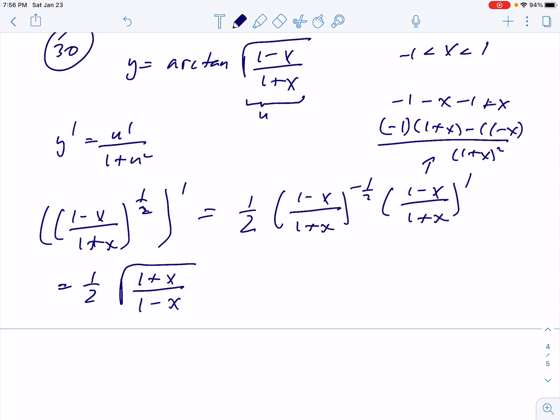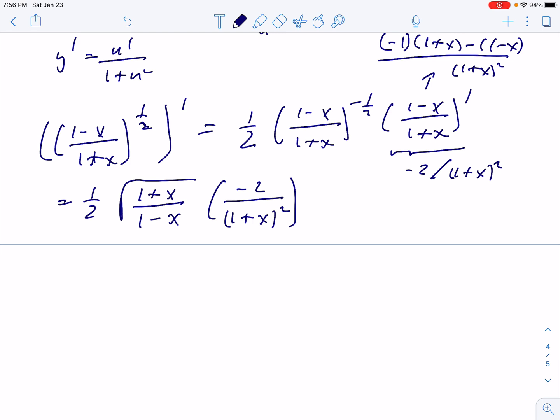So x will cancel out, and this derivative will be on top negative 2, divided by 1 plus x all squared. So here I'm writing it negative 2 over 1 plus x all squared.